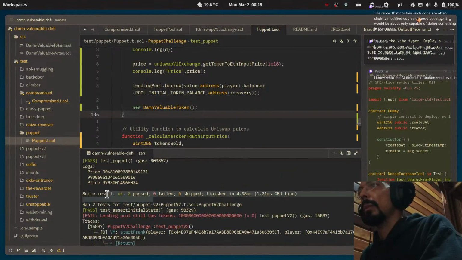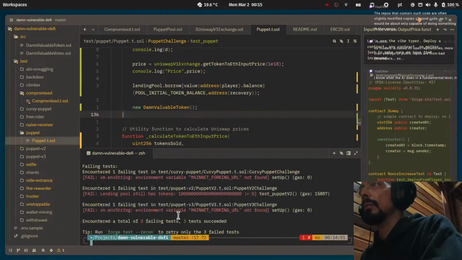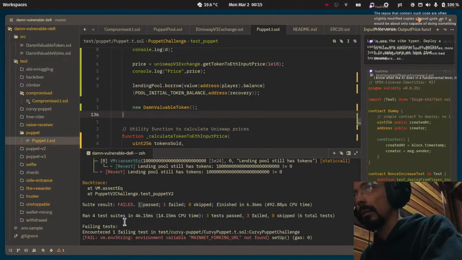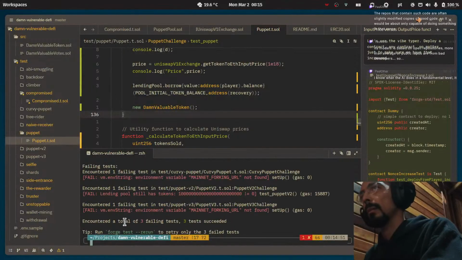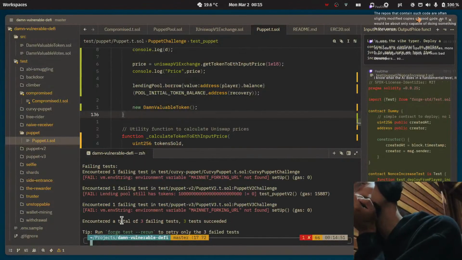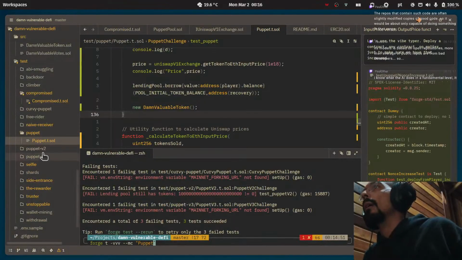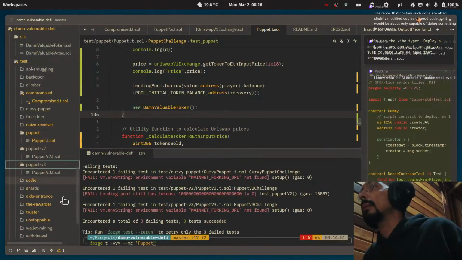Oh, we passed. Wait, why did the test pass and we still have some problem? Wait, now it's failing. What? Oh, wait. Oh, because of Puppeteer, we have 3 Puppeteers.